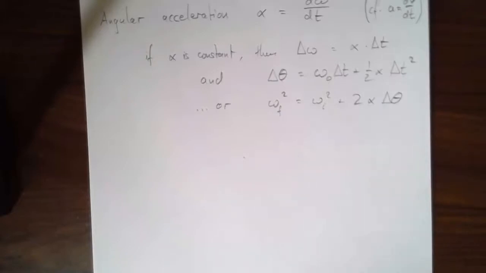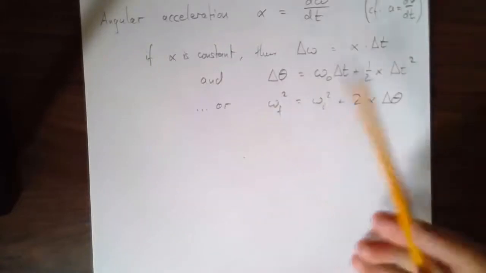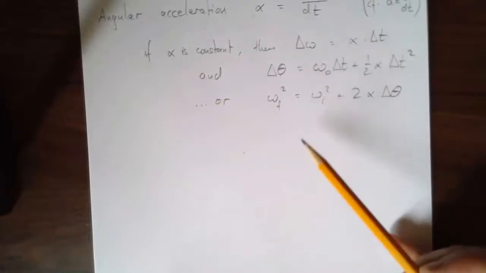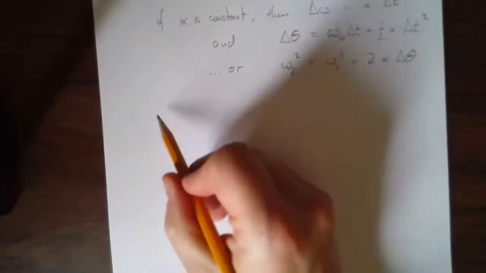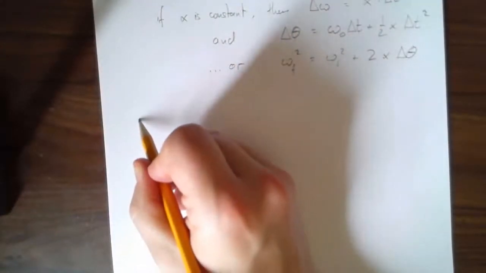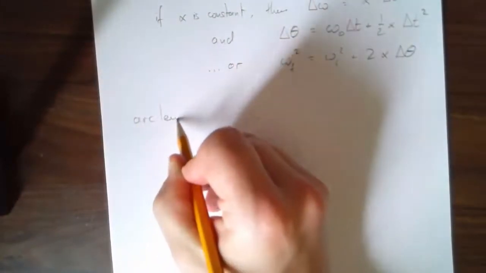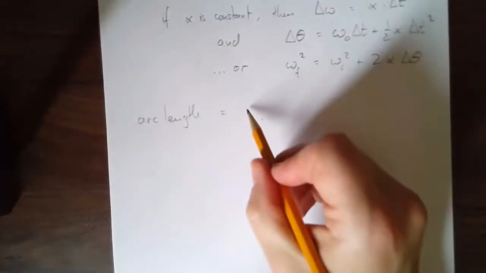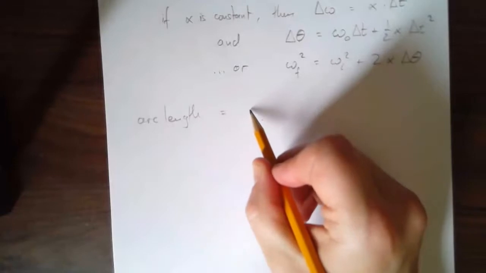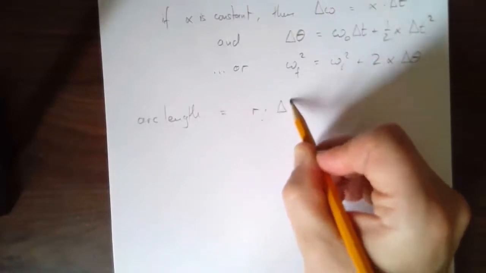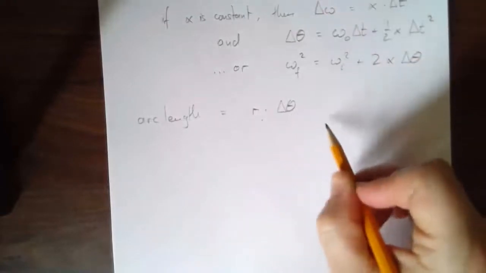Alright, there's one additional thing with angular acceleration and velocities, which is that you can also ask, what is the actual speed of something going in a circle? We had that the arc length is equal to r times, let's call it delta theta, the change in angle between 2 points.